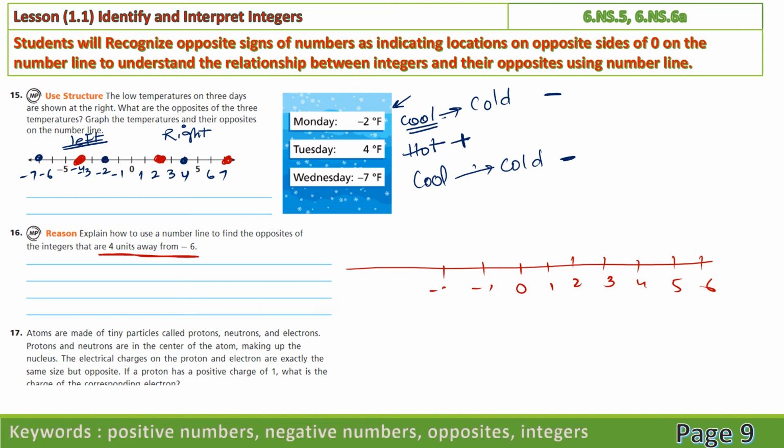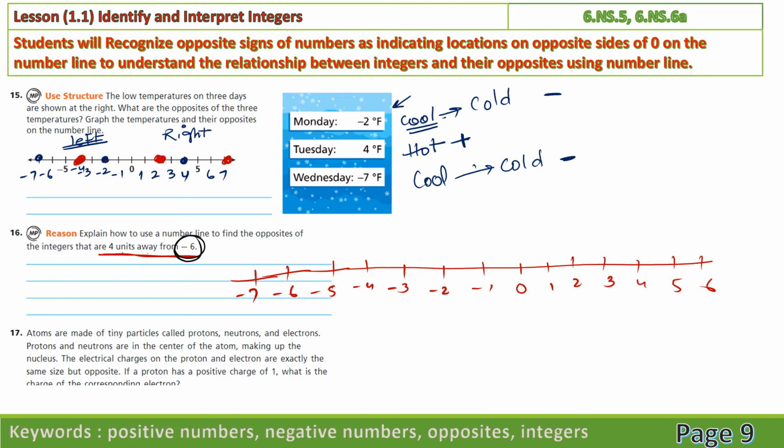And on the other side, you write -1, -2, -3 and so on. Now they are asking you to find the opposite of the integers that are 4 units away from -6.